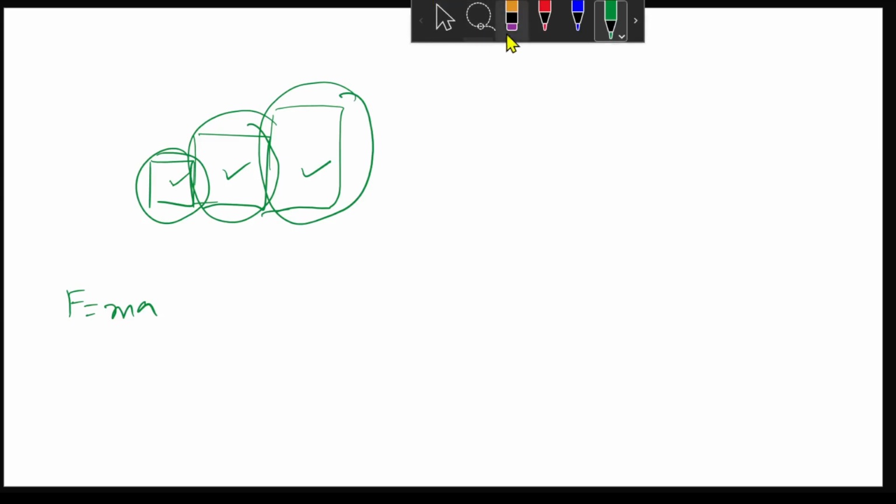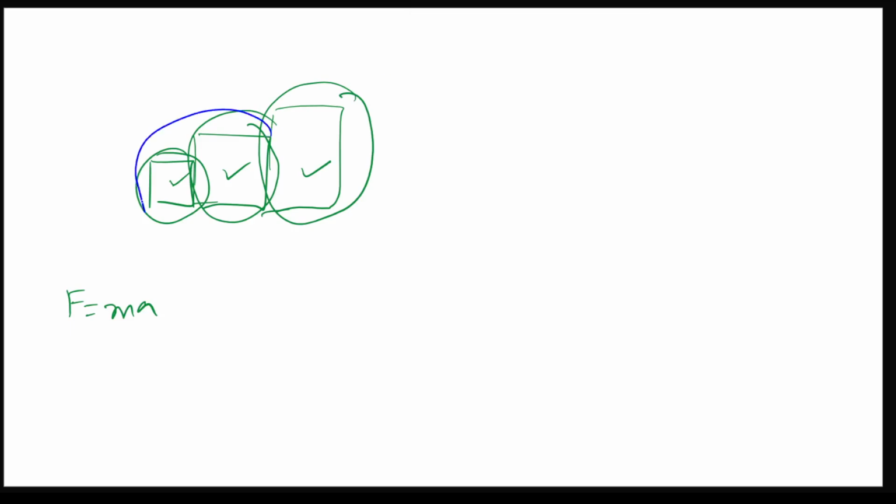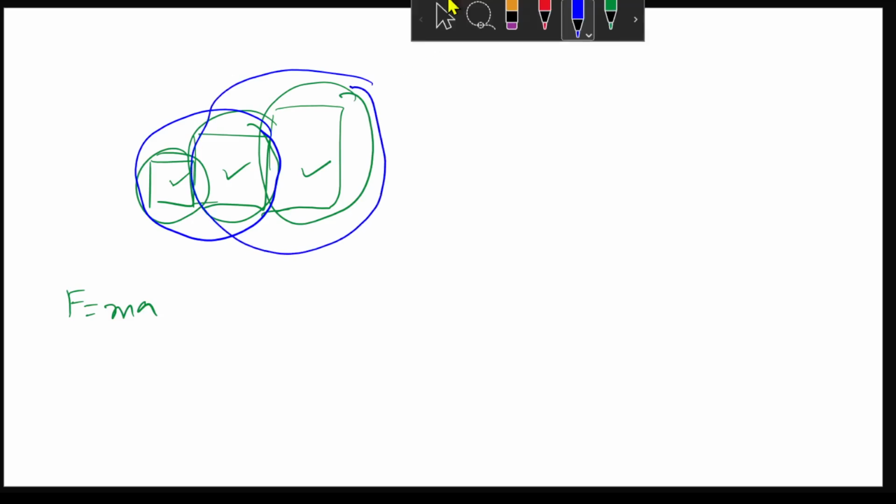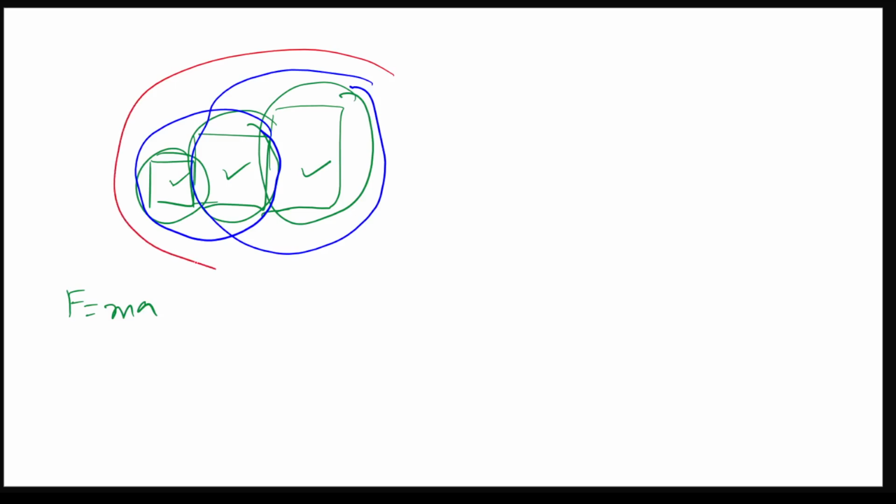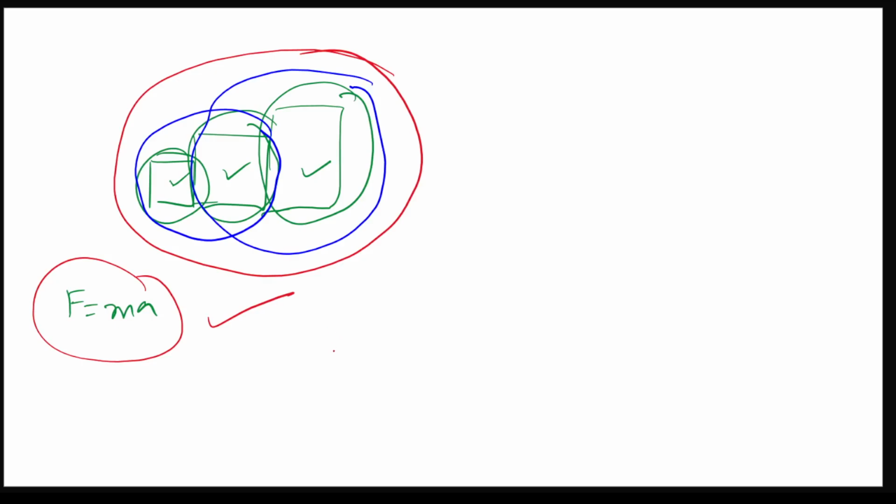F is equal to ma will also work for these two objects alone, these two objects alone, and F is equal to ma will work for this entire thing taken as a system. So depending on how you change the system, whether you are taking the system to be a single object or two objects or three objects, your F is equal to ma will always work, provided F is considered external, right? And mass is the total mass of the system that you are considering.